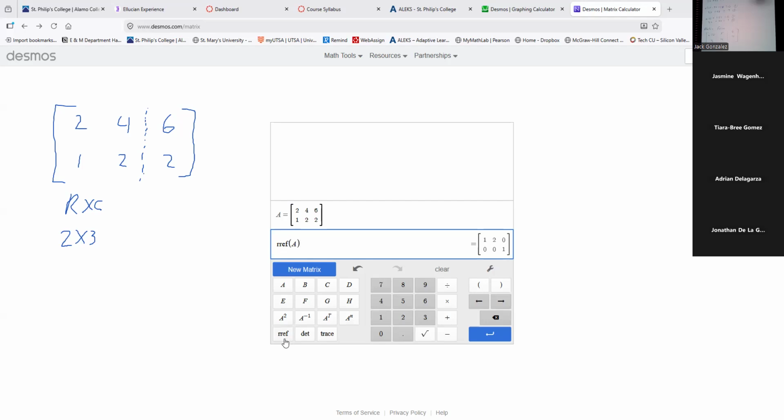So press the RREF button and then choose A because that's what we're doing operations on, and hit enter. So notice we have a row of zeros equal to a number. Do you remember what that means? Which case is this?